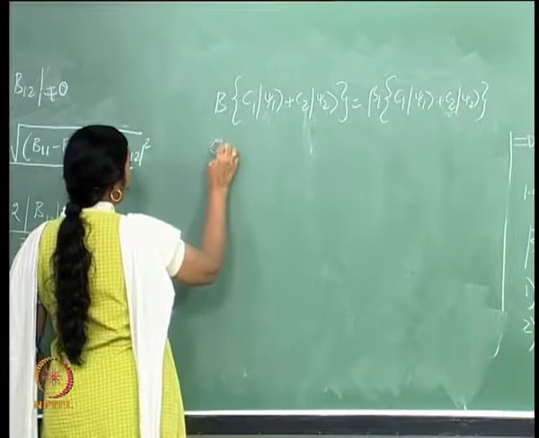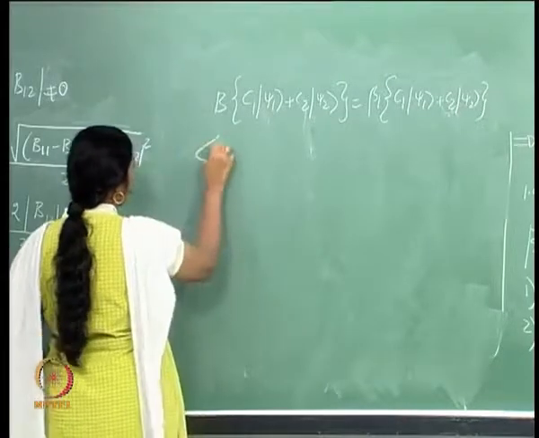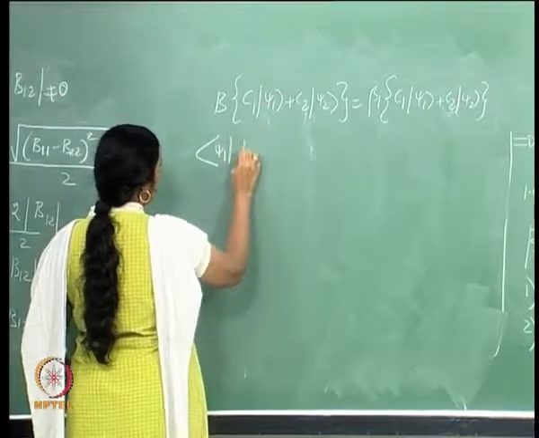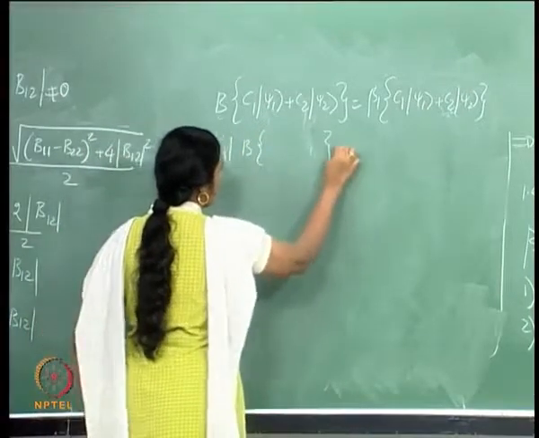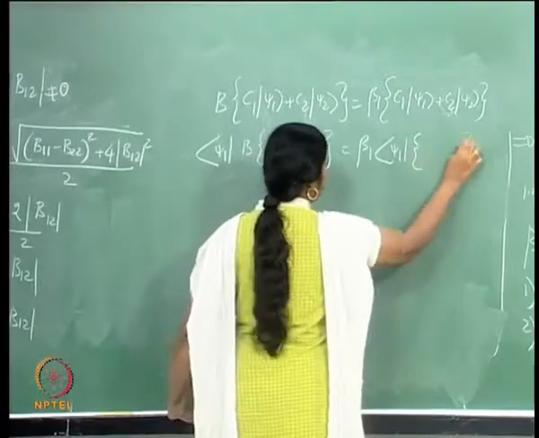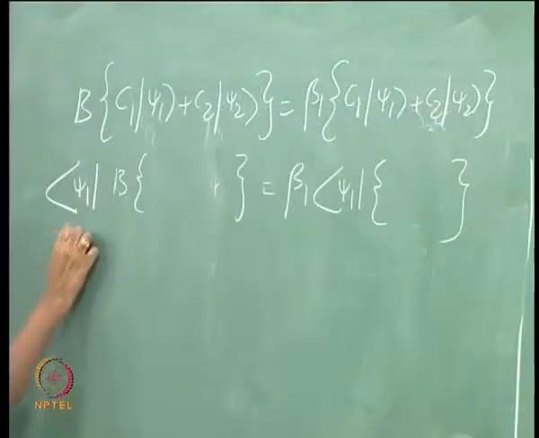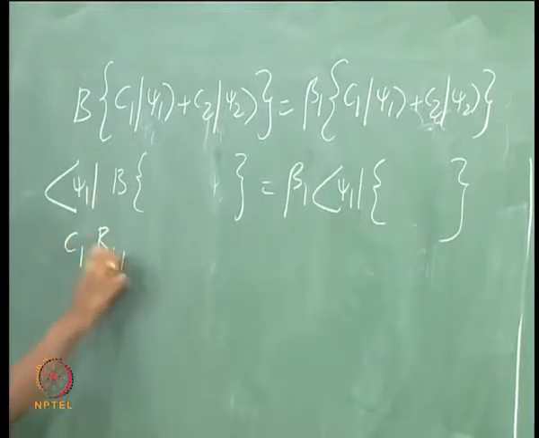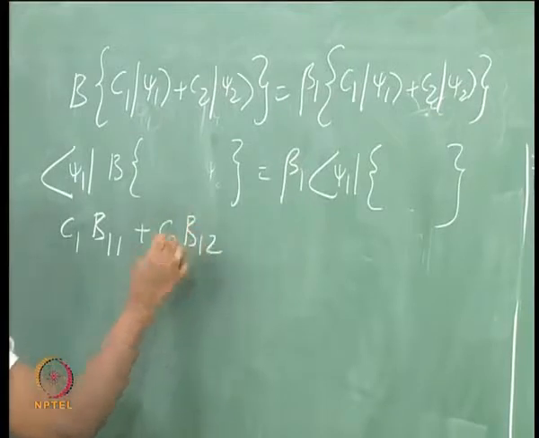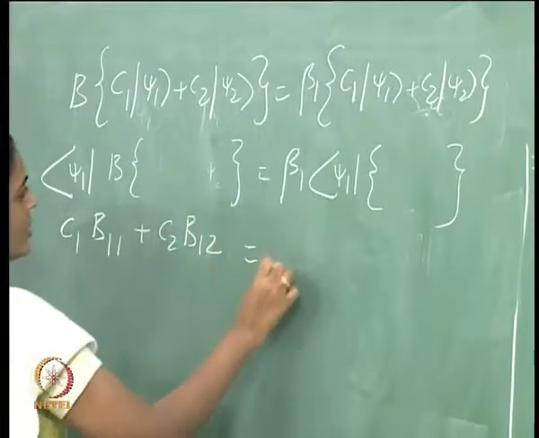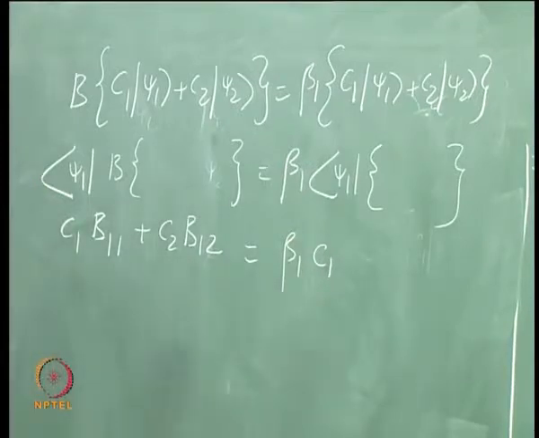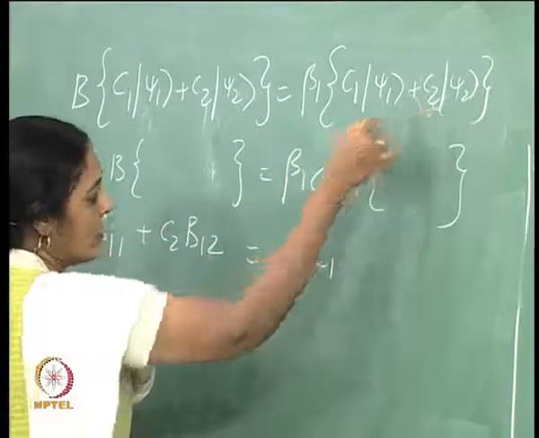I have, if I work with the inner product of psi 1 with this object, the first term is C1 B11 plus C2 B12 is equal to beta 1 C1. The second term there drops out because psi 1 is orthogonal to psi 2.